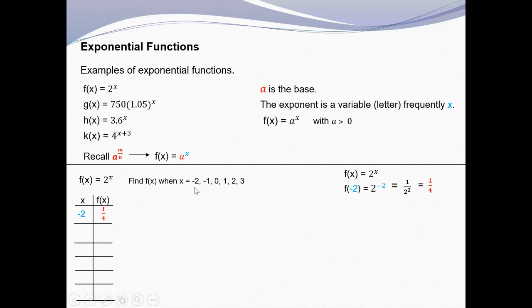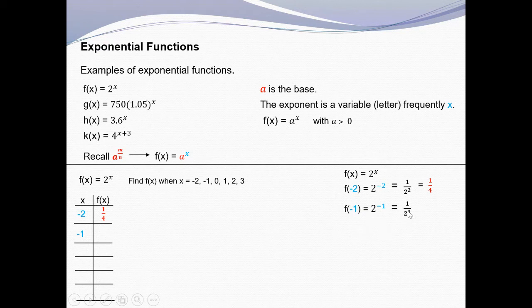I'm trying to show you guys how you're going to be graphing. I like the way it starts here with what they call evaluating. Eventually, after we plot all these points, we're going to get the graph. So when x is -1, we have f of -1 equals 2 to the -1 power.